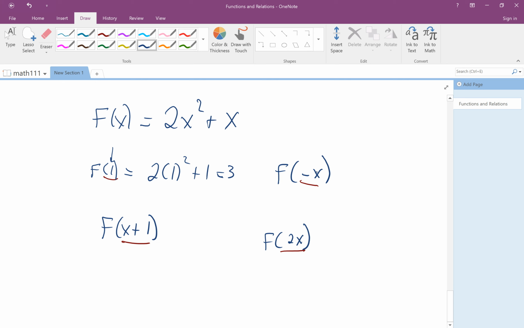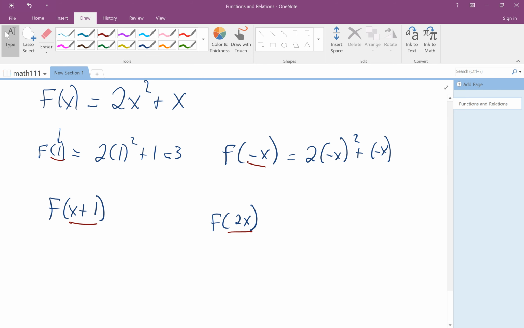All right, now let's try this one. Wherever I see an x, I'm going to put this negative x in there, and I'm going to write it like that. So hopefully you kind of see what's going on. Now I have negative x squared. I'm going to square that negative x.